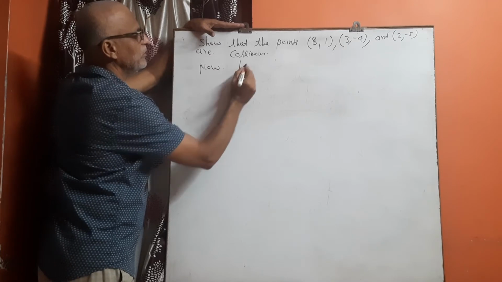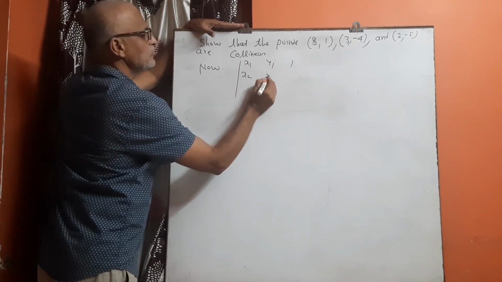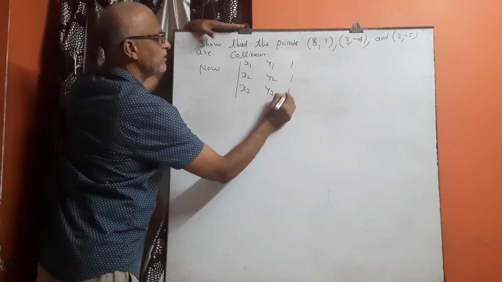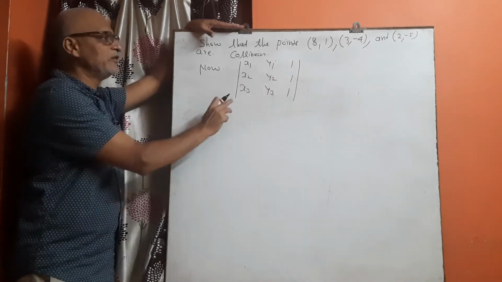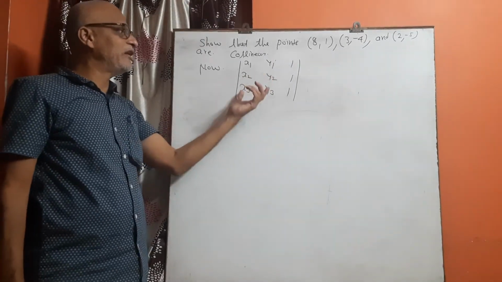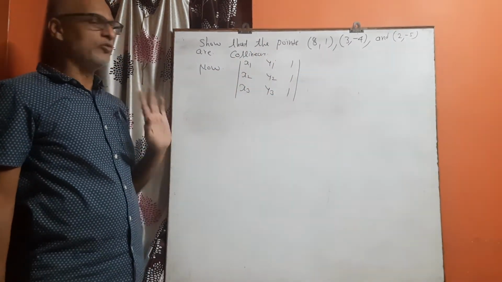If the value of this determinant is equal to 0, that means the points are collinear.